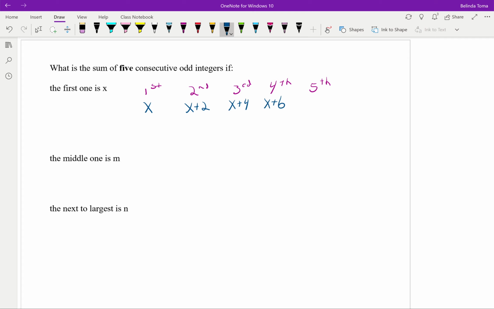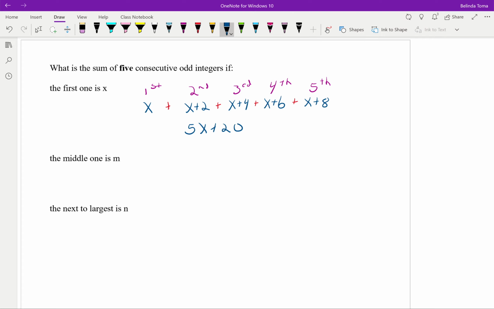Just as a reminder, these are odd, that's why I'm adding by 2. And so if we wanted to express the sum of those, all we would do is add the 5 pieces together. And when we simplify, we're going to get 5x plus 20.